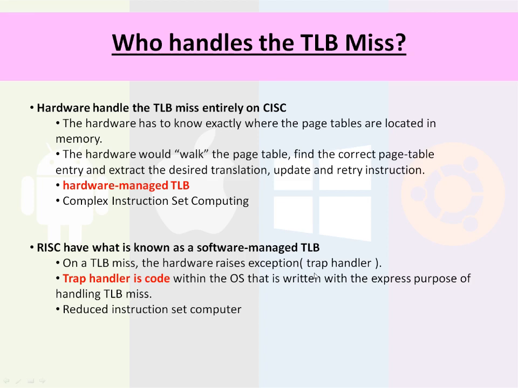This is exactly like the interrupts that we've talked about in process virtualization. There is a trap handler associated with this exception. The trap handler is code within the operating system that is written with the express purpose of handling TLB misses. So this is our operating system or kernel taking over processing of TLB misses.